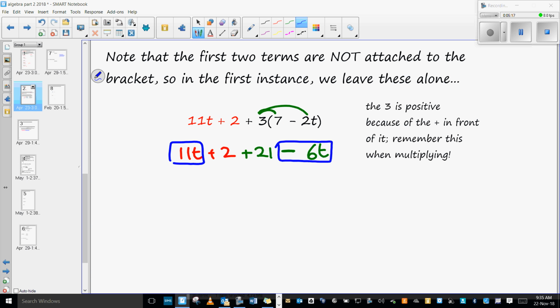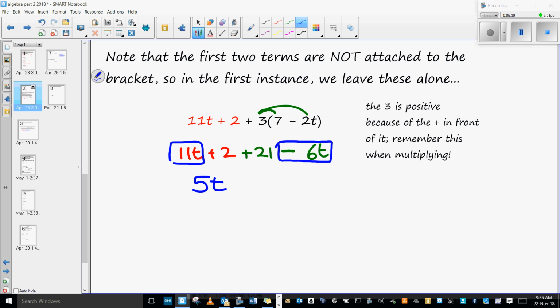So you're going to read this as 11t take away 6t. Do you all see that? Kyle, what's 11t take away 6t? 5t. Good girl. Don't forget the t stays with it.